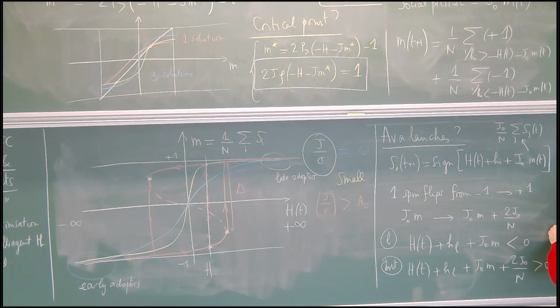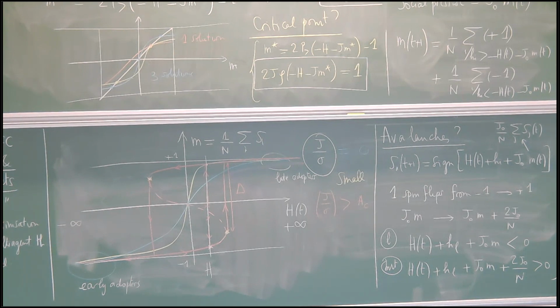And so if this happens, the fact that a given agent has changed from -1 to 1 is going to induce the flip of a second spin, l. And this can carry on for a while until the avalanche either stops or grows forever.